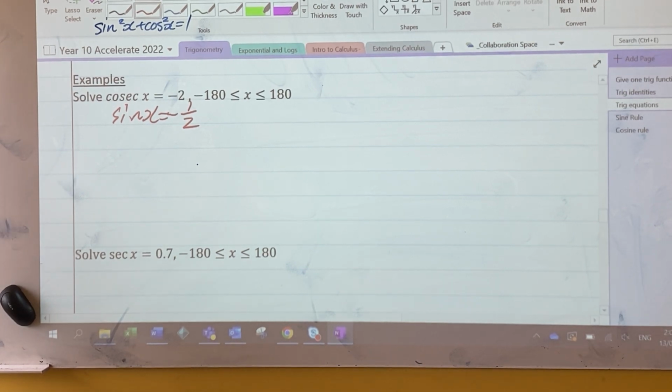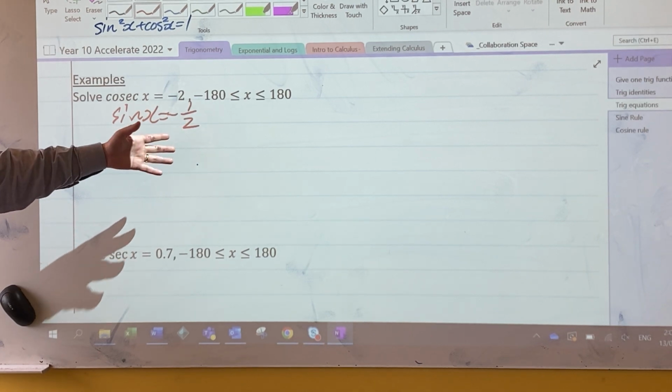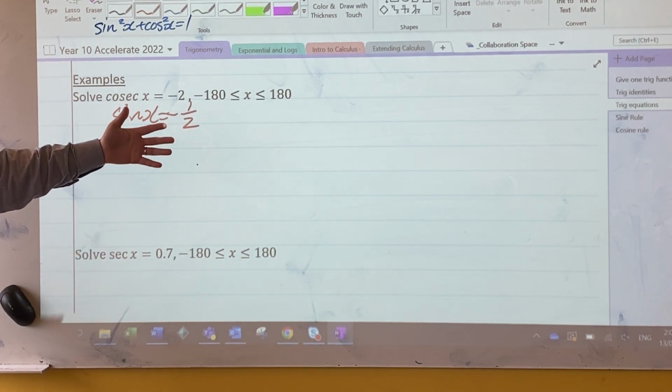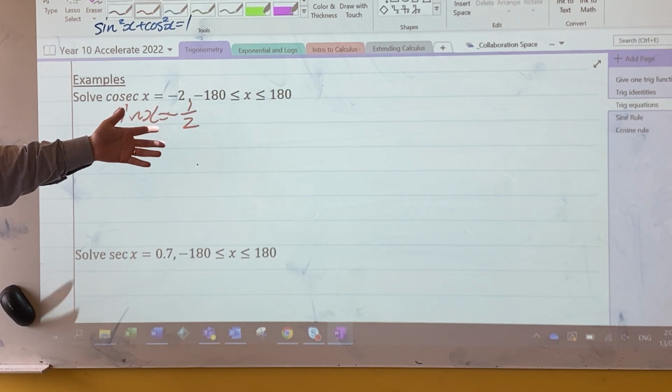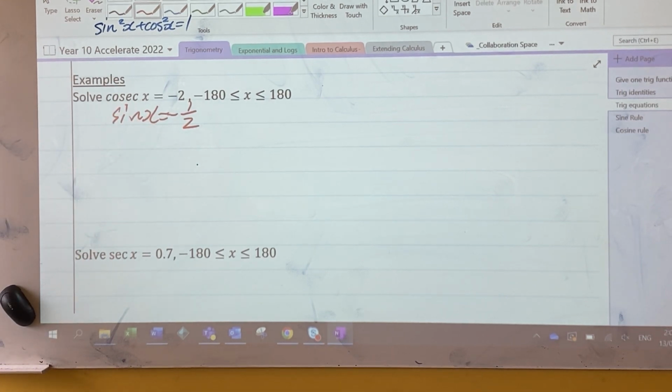Now, because it's an exact special value, we don't have to worry about typing into the calculator, because we are familiar with those angles already. Sine is negative, which quadrant? Third and fourth.